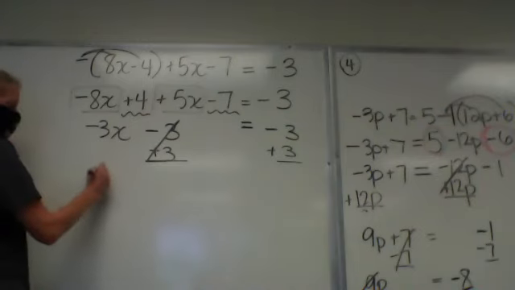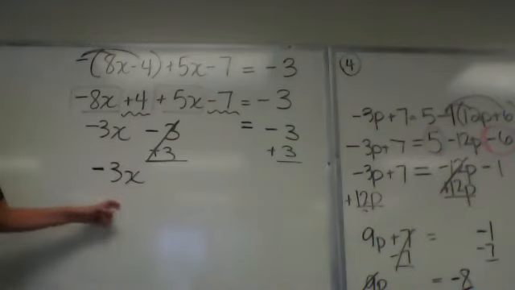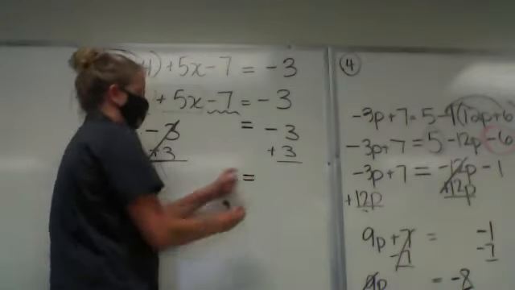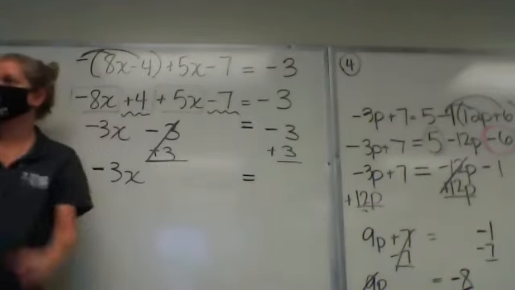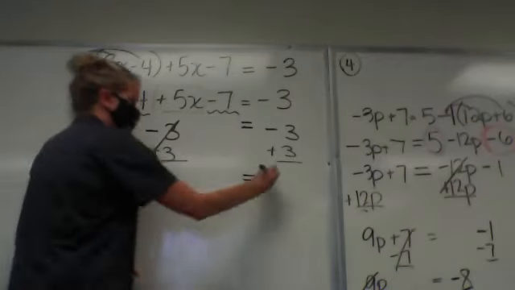So all I have left over here now is -3x equals, all I have left over here, what's that? 0, isn't it? You got -3 + 3? Well, that's nothing, it's 0.